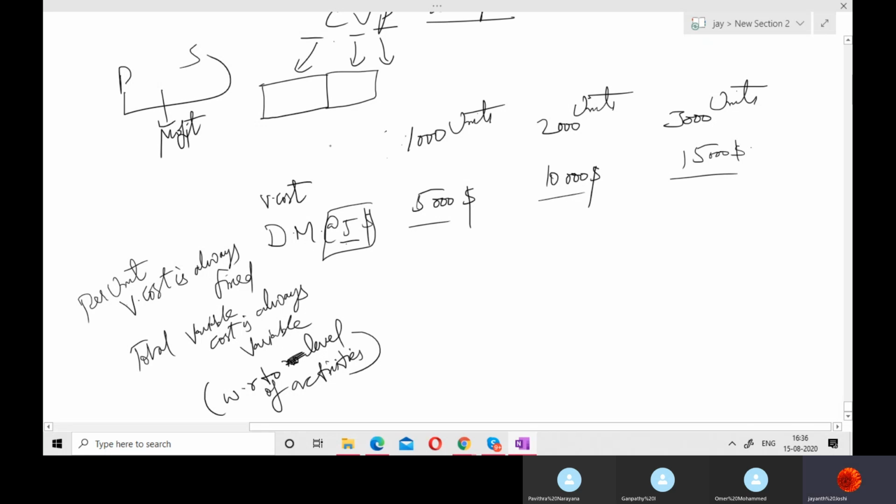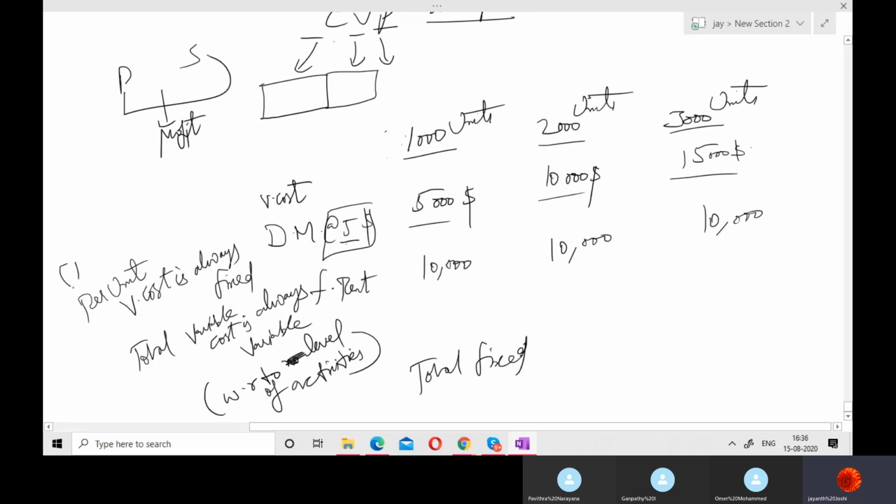And let's see the property of fixed cost. Whether you produce 1000 units or 2000 units or 3000 units in your factory premise, you are going to pay the same factory rent, that is $10,000 in all the cases, for example. So total fixed cost, this is the second property.